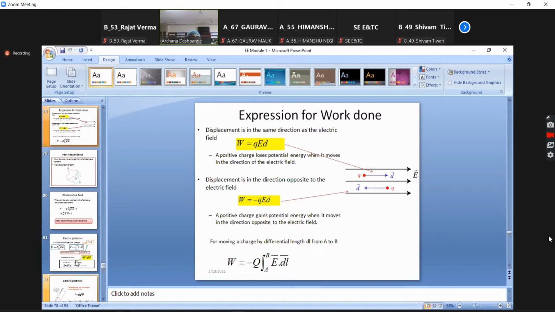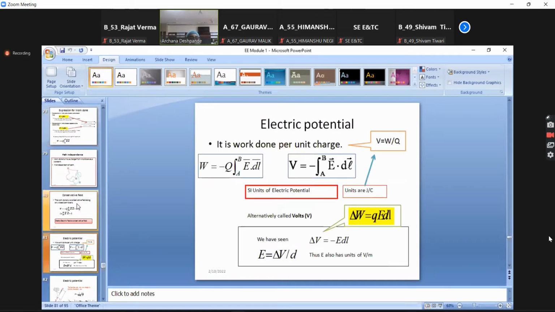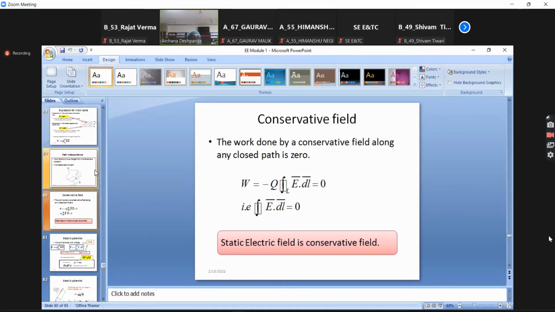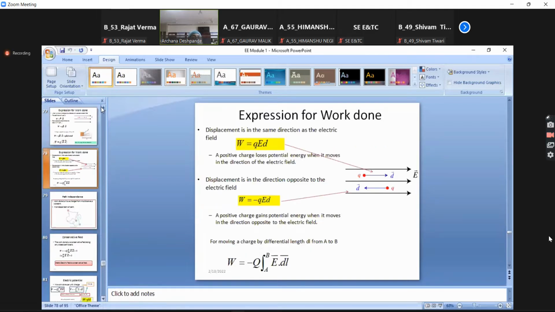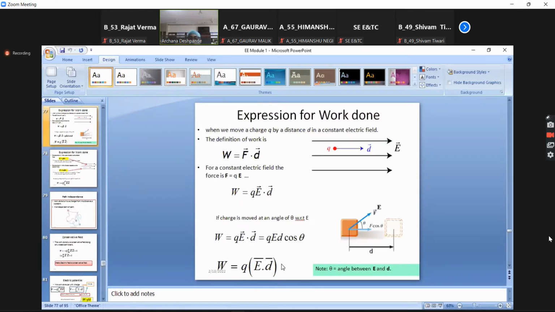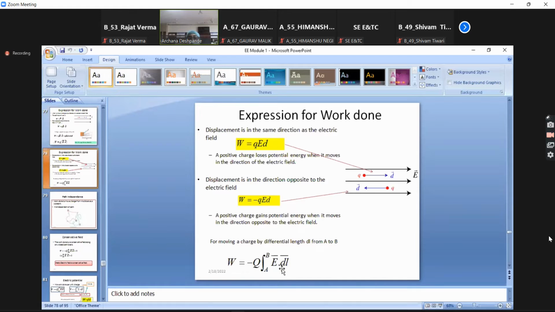So in the earlier slide, you knew the distance d, but suppose you don't know the distance. So in terms of a differential length, the same expression is written. This is in terms of differential length. So A to B is basically calculating the total distance here.